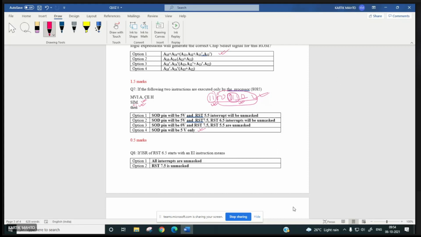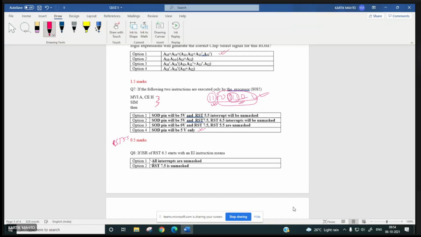Sir, I guess there are three conditions for setting the interrupt. Yes, the ISR has to occur, there must be unmasking, and the interrupt must be enabled globally. Suppose only these two instructions are there, and RST 5.5 comes, will it be acknowledged by the processor?